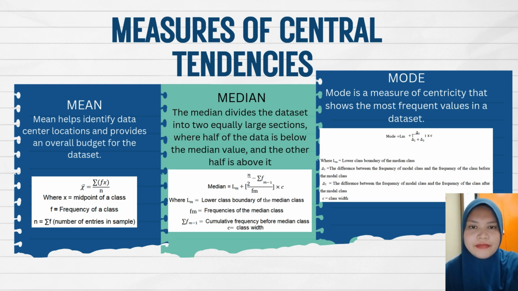Mode. Mode is a measure of central tendency that shows the most frequent value in a dataset.